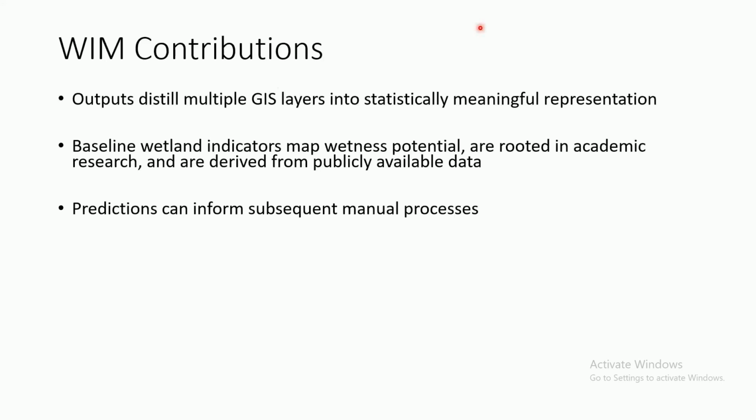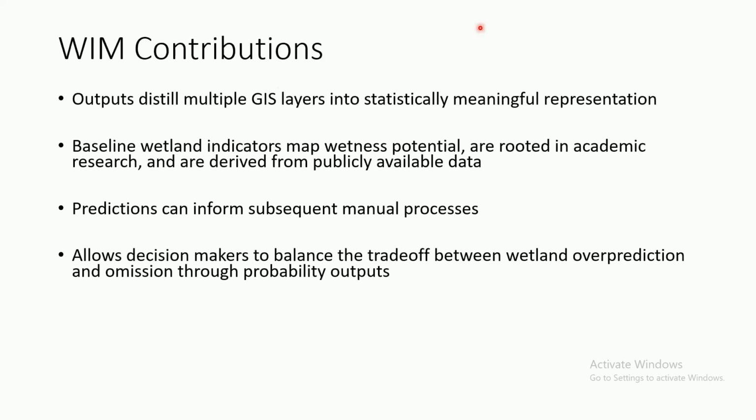The predictions can inform subsequent manual processes by streamlining and prioritizing areas. And the outputs do provide the flexibility to decision makers to balance that trade-off between wetland overprediction and wetland omission, specifically by working with that wetland probability output.